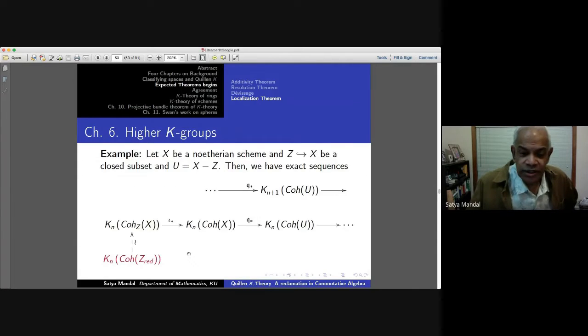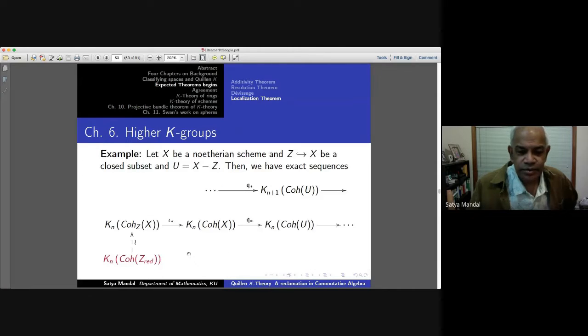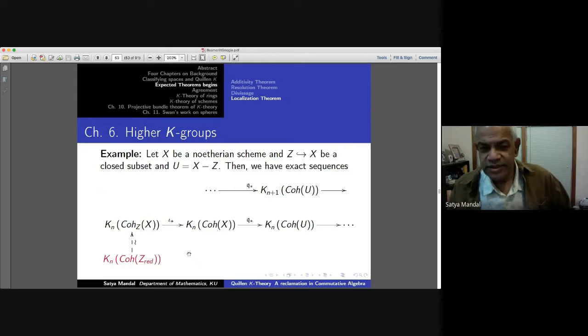Why does it work? I didn't write it here, but it follows from the previous localization theorem that I stated. Coh(U) is the quotient of these two categories, the quotient of Coh(X) over Coh_Z(X).